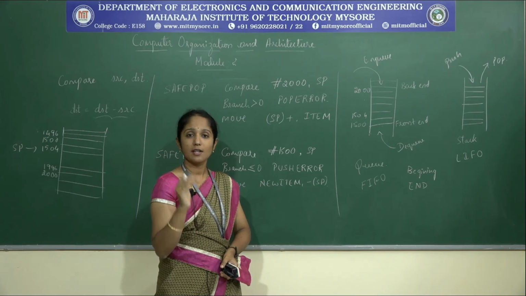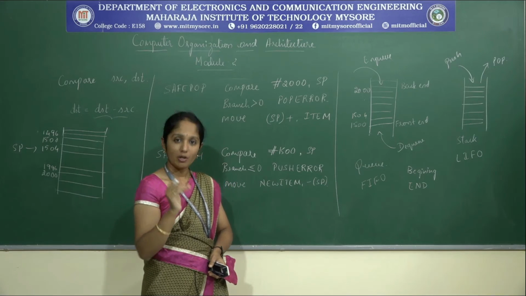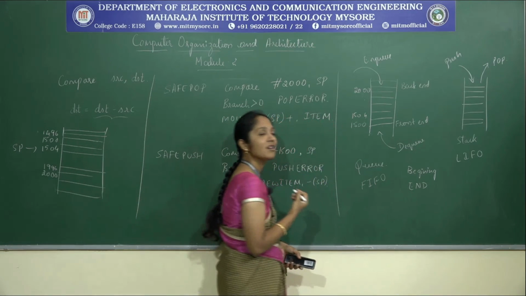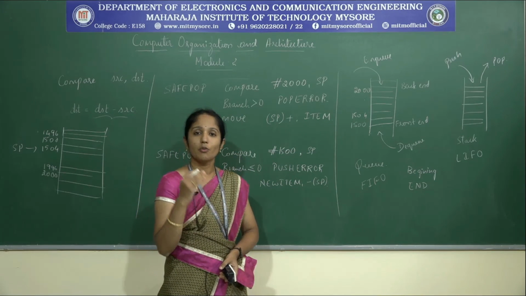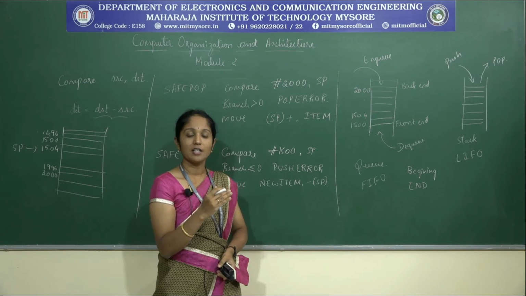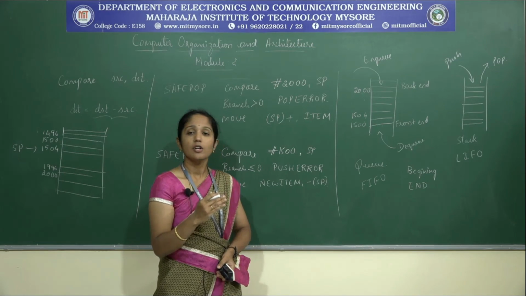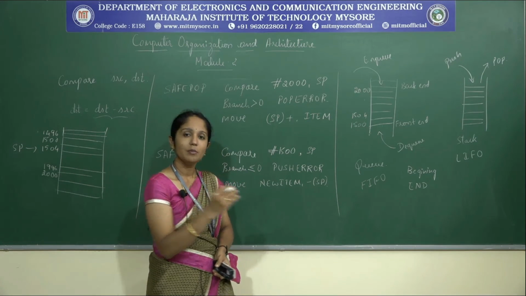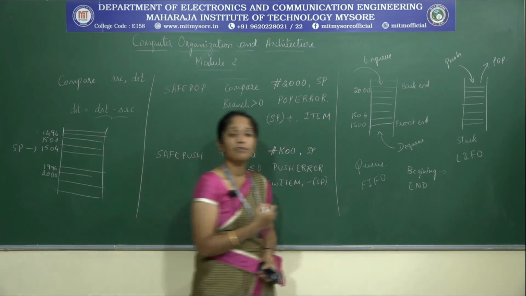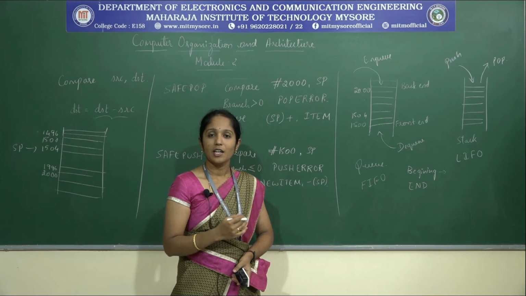If you are using a circular buffer, then when it reaches the memory location end, we have to reset the value of the circular buffer pointer to the address of the beginning. So we are going to reset the address and start from the beginning.